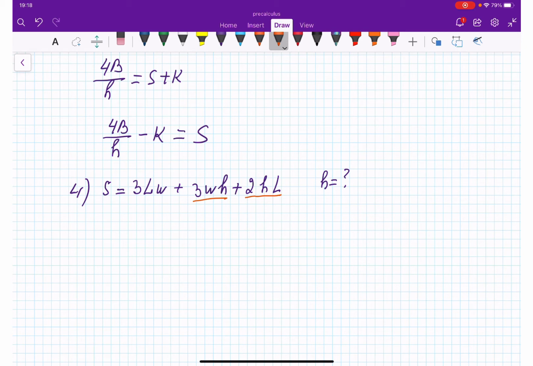So first of all, we need to get H out of the parentheses, right? So S equals 3LW plus, I'm taking H out, and I will have 3W plus 2L.